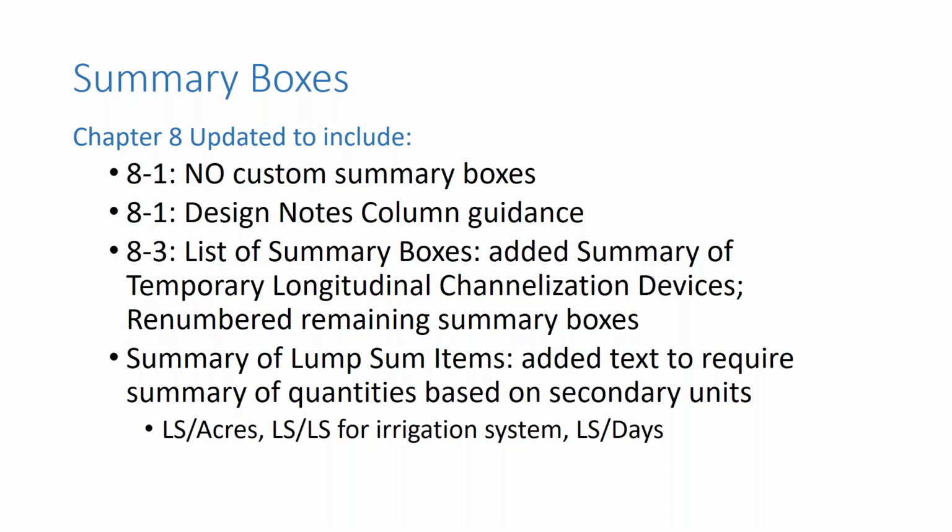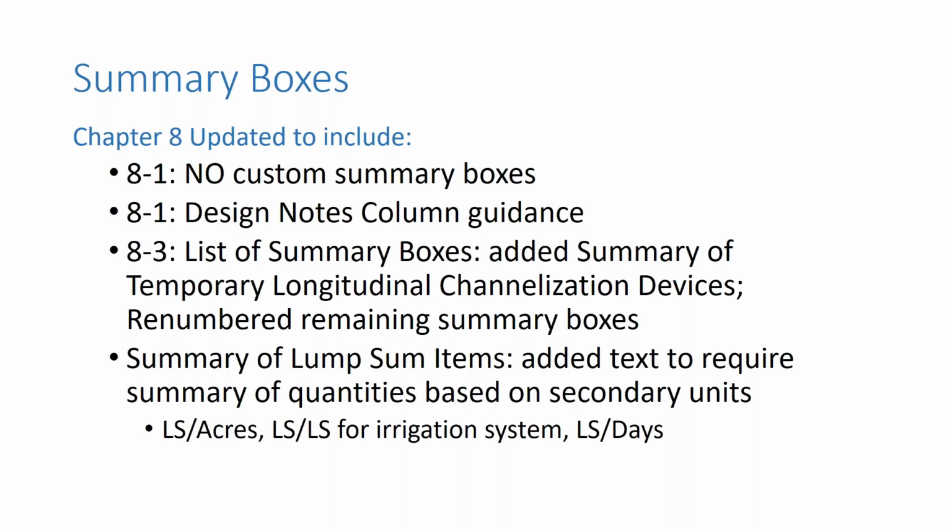For lump sum pay items, we have added text in Chapter 8 to require the summary of the quantities based on the secondary units. So again, while our clearing and grubbing is a lump sum acre, we pay for it as one lump sum, but we want to ensure that all of the acres to the appropriate precision are identified clearly in the plans.